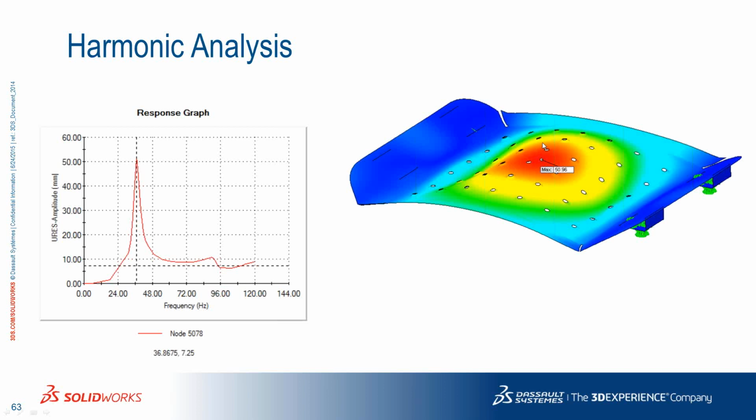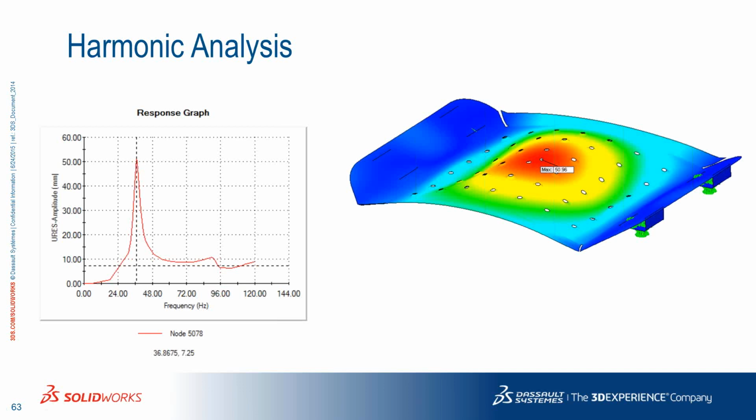So it makes sense to grab a location at the center of that platform and tell the program to give a response at that location over the range of excitation frequencies. And clearly you can see that there is one big peak, roughly about 34, 35 hertz, and the amplitude at the center point is about 50 millimeter displacement.